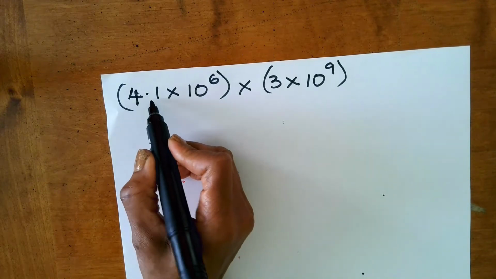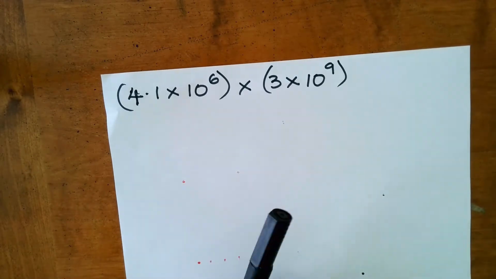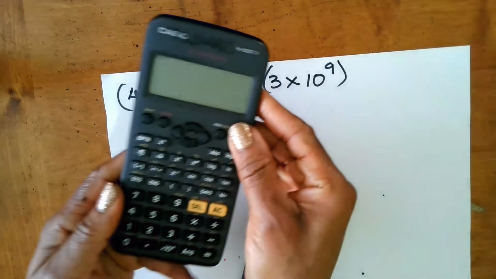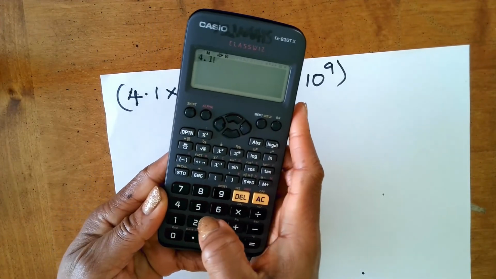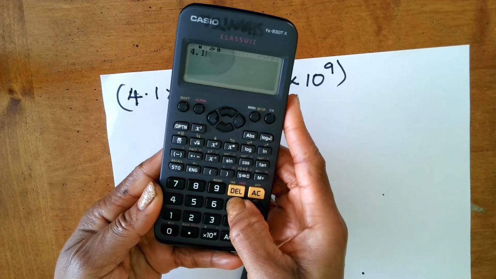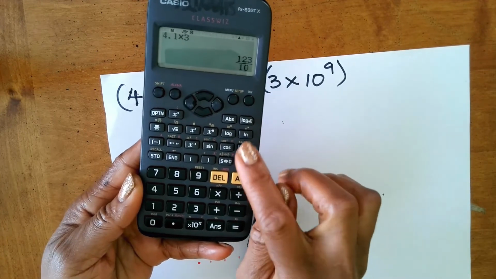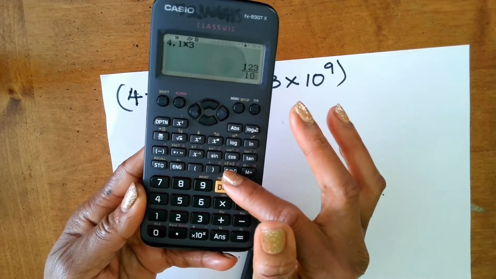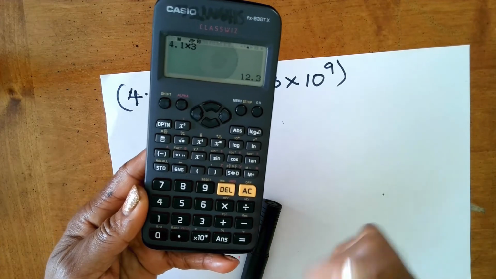So 4.1 multiplied by 3. If we're going to use a calculator, and it gives you this in fractions, we have to press the S-D button to give us 12.3.